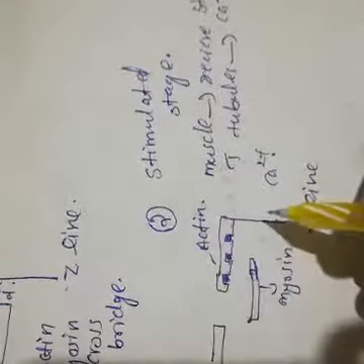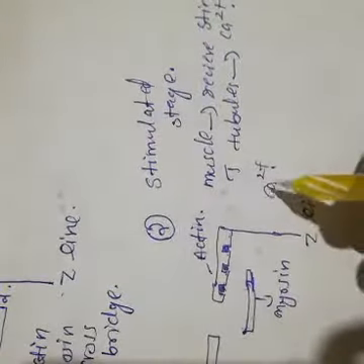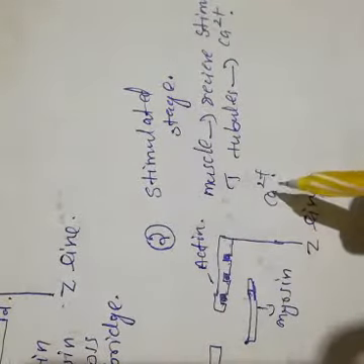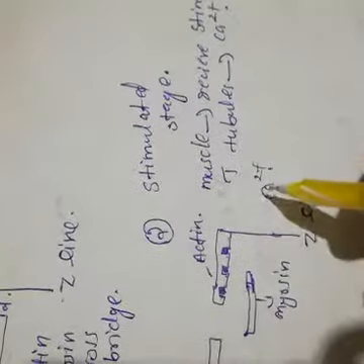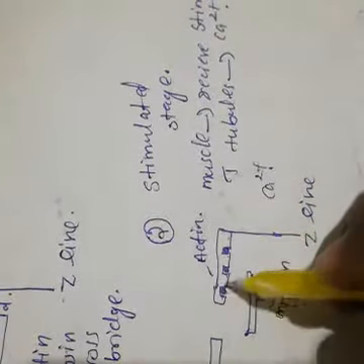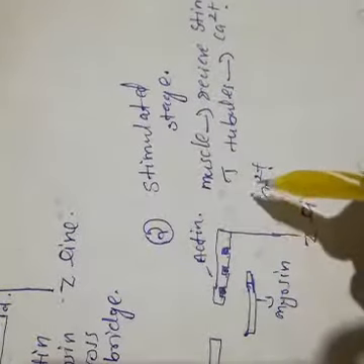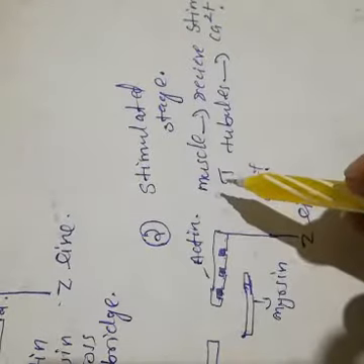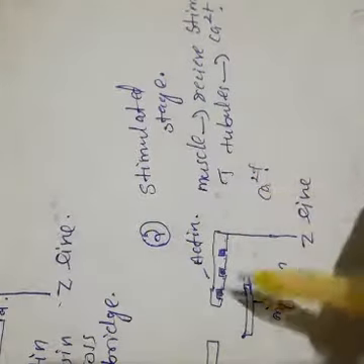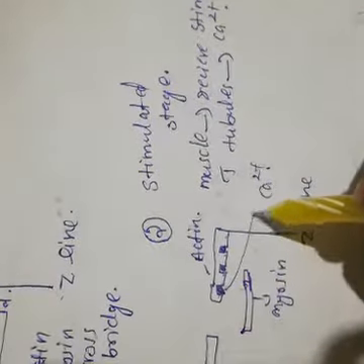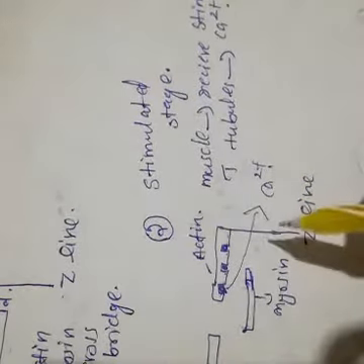During this reaction, the calcium 2 plus is released due to the receiving of the stimulus, and the troponin has higher affinity towards these calcium 2 plus ions.